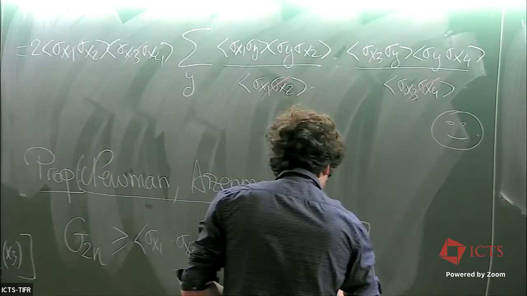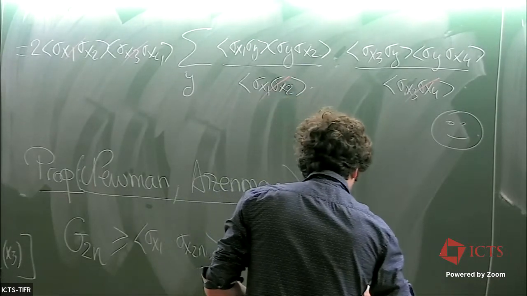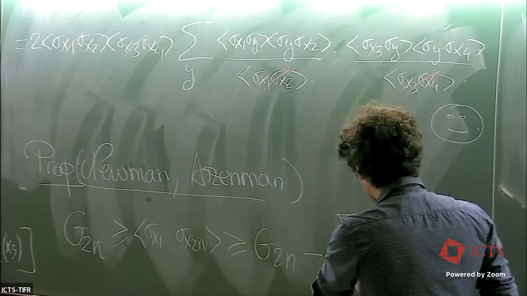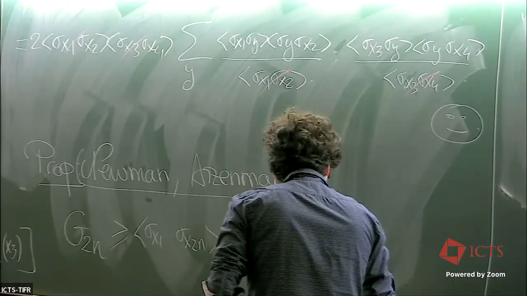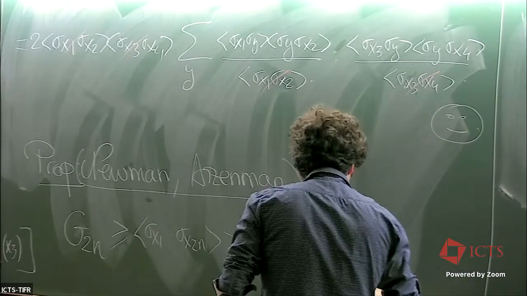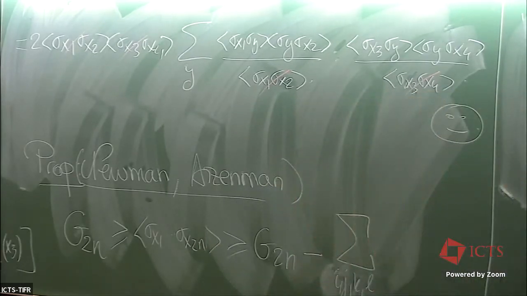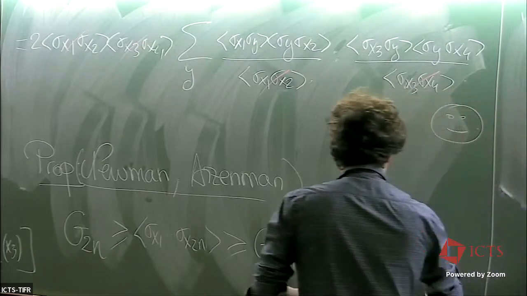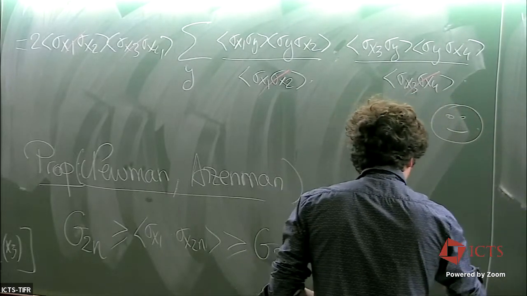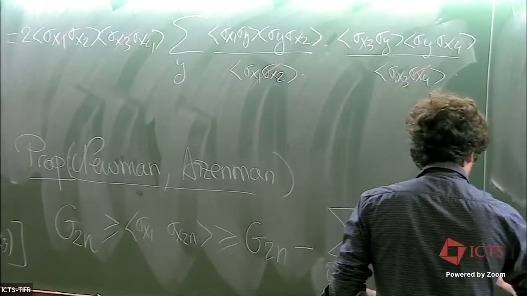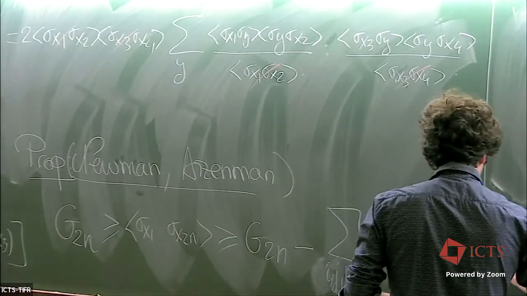You sum over xi, xj, xk, xl. So you choose 4 indices, and what you do is you put G2n minus 4 of x1, xi hat, xl hat, x2n.